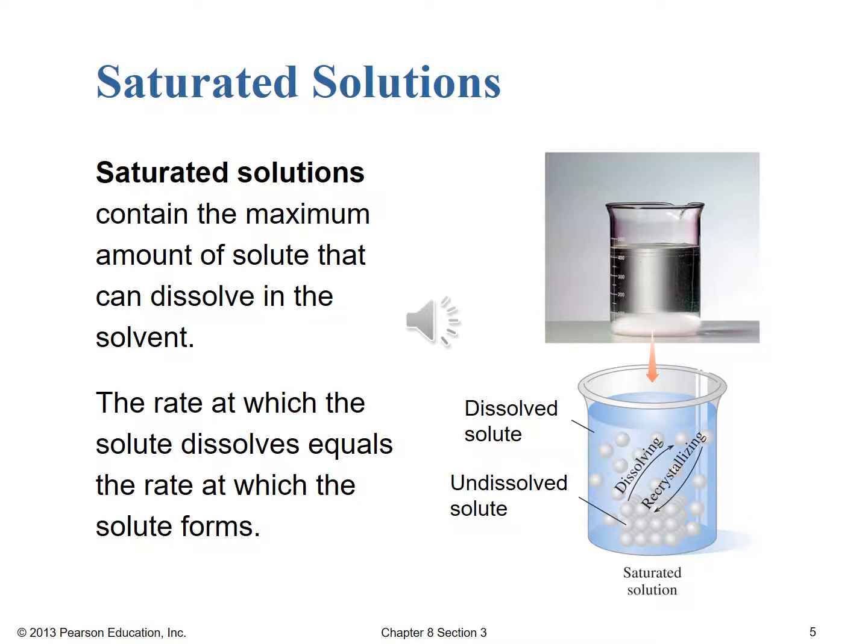It doesn't look like there's a net change at our naked eye level, but at the level of atoms, we have some solute dissolving, but other solute recrystallizing, and no net change in a saturated solution. So if you have a saturated solution with some undissolved solute at the bottom, then you've got this dynamic process that results in no net change, but you do have dissolution and recrystallization happening at exactly the same rate.